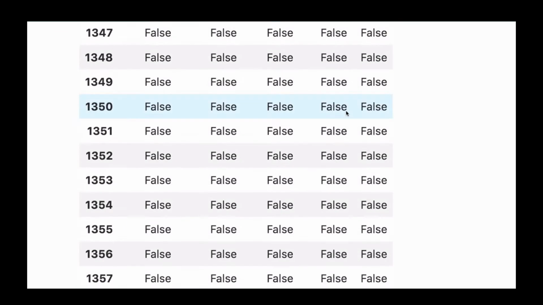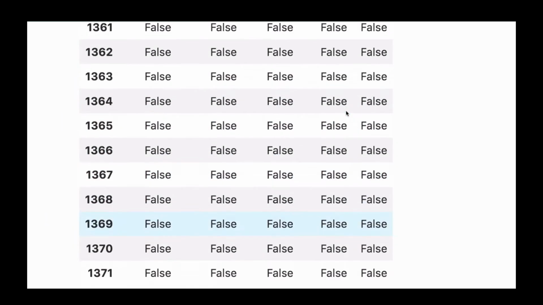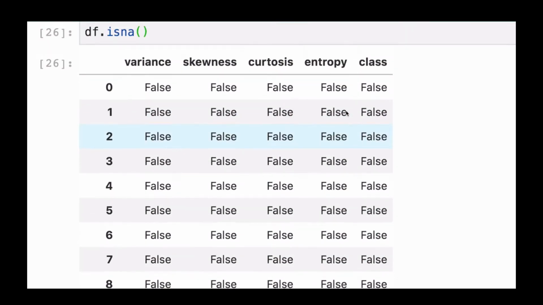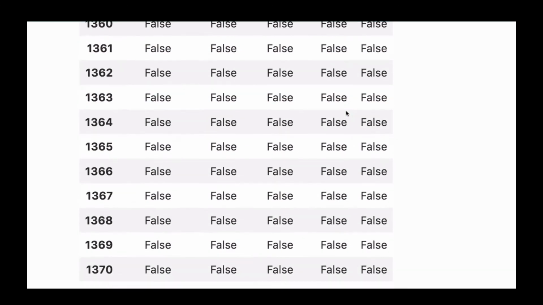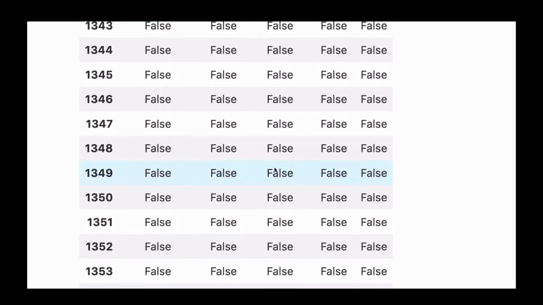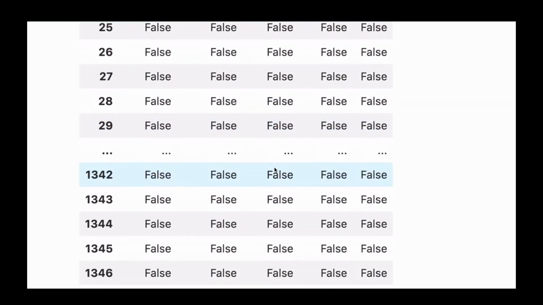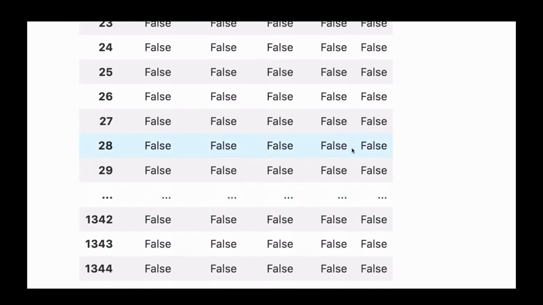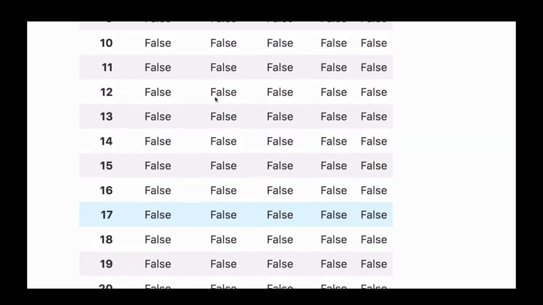We can do a quick eyeballing here. In this case, we have 1372 rows. If we get a break here, we will not know whether there are some true. If it is false, then it means that there's no null value there, but if it's true, then it means that there are some null values in here. But it's quite difficult to spot.